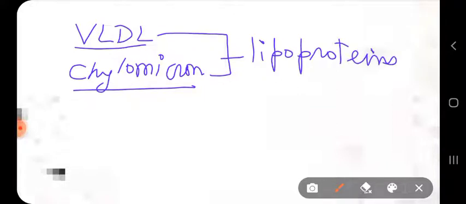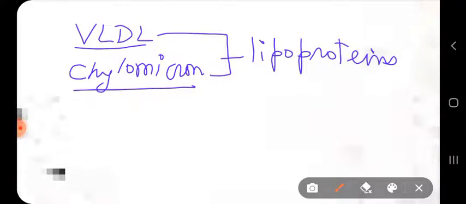So if I zoom in to make a diagram somewhere, well, I found it here. Okay, from here I am able to draw the diagram. What I have said is that VLDL, very low density lipoprotein, and chylomicron particles are all lipoproteins.